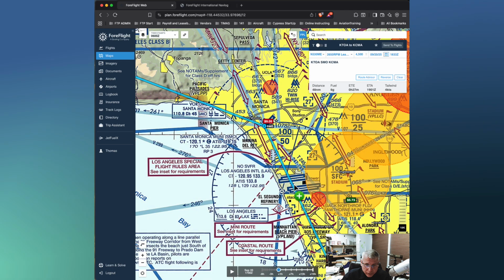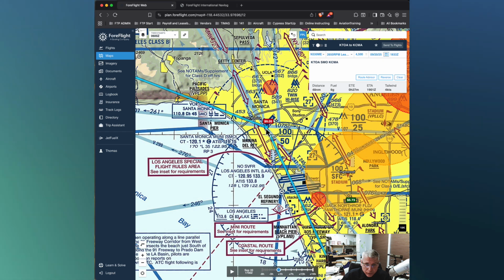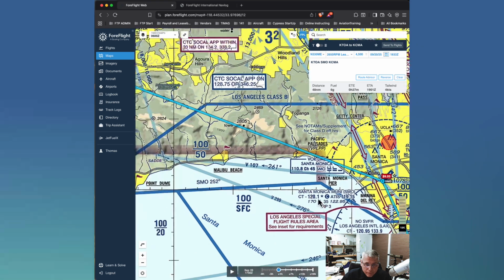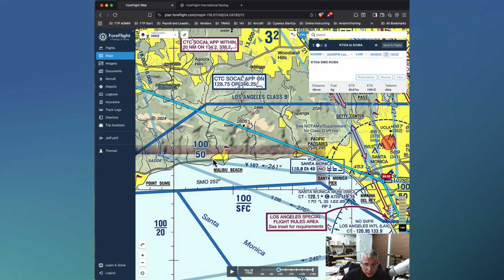Once we leave this, we're no longer in the Bravo when we come out here. But we could go into the Bravo if we climbed up to 5,000 feet, right? And if this doesn't look familiar, you're not familiar with this, please go back, look at your airspace stuff. You should know the floors and ceilings of airspace.